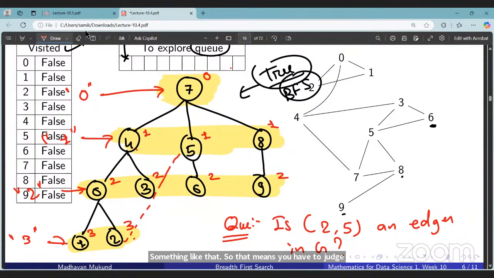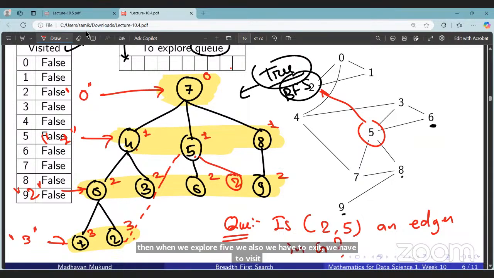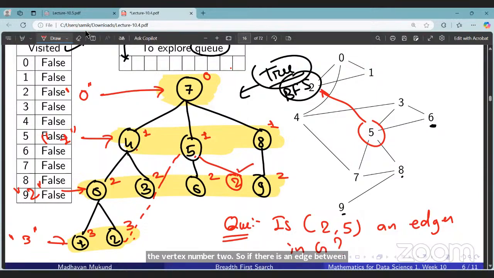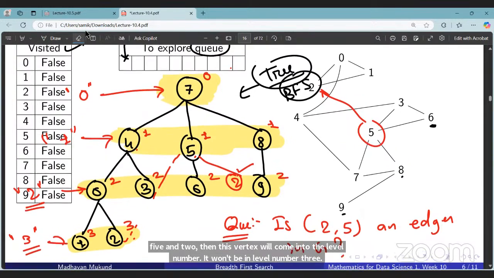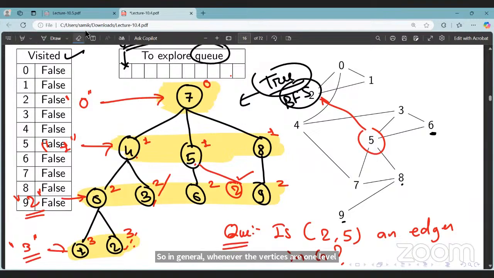Because suppose 5 is related to 2, then when we explore 5, we would also have to visit vertex number 2. If there is an edge between 5 and 2, then this vertex would come into level number 2. It won't be in level number 3. So in general, vertex number 5 is of level number 1 and vertex number 2 is of level number 3.